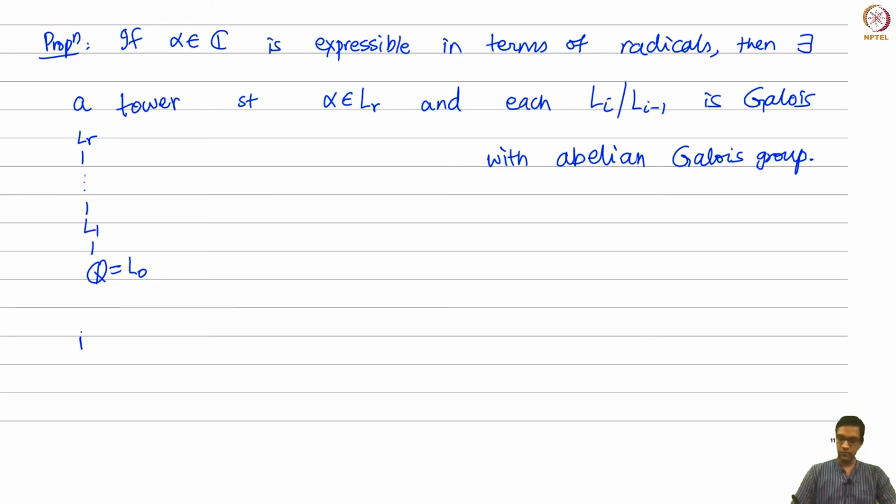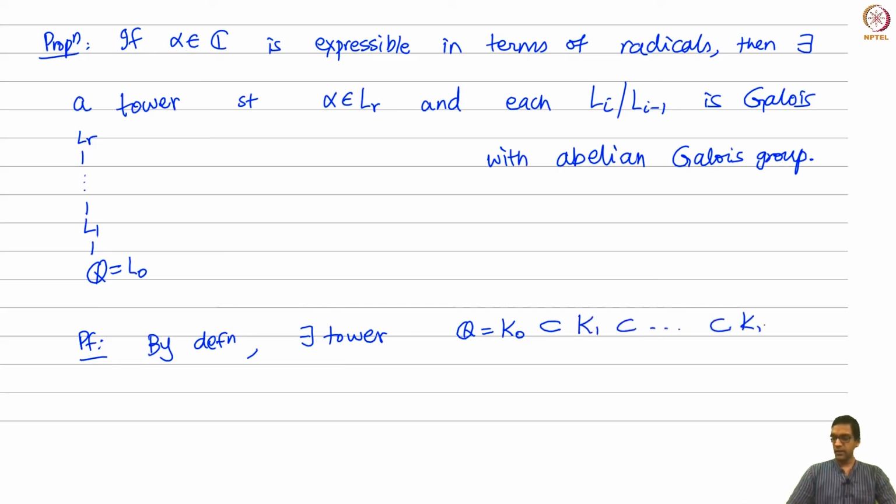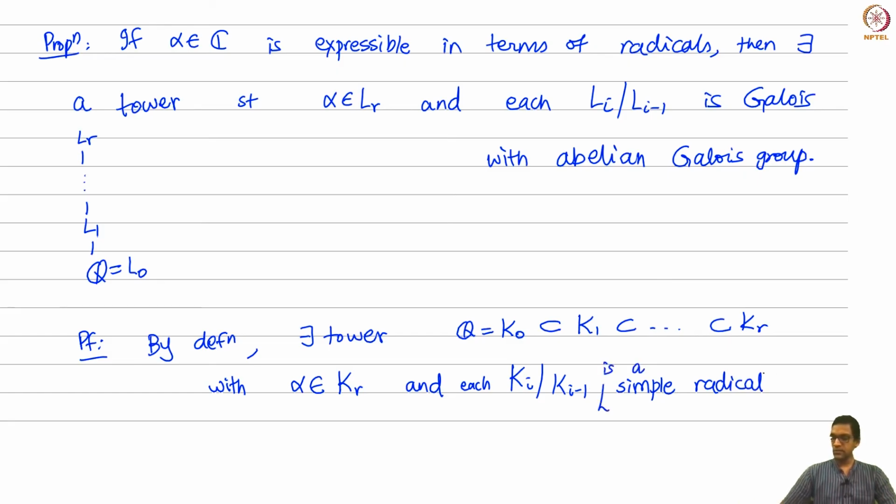Okay, so proof: by definition of expressibility in terms of radicals, what we know is there exists a tower Q equals K0, K1, up to Kr, with alpha belonging to Kr, and each Ki over Ki minus 1 is a simple radical extension.